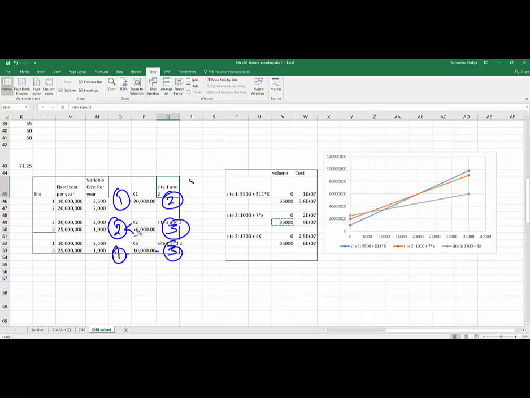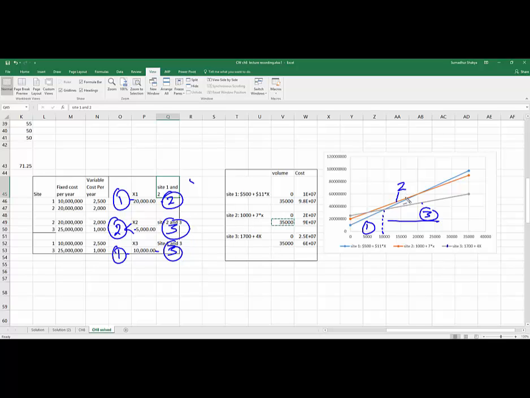All of these combined do not give you an immediate clear picture. But if you plot them using the individual equations for each of the sites, then it is clear that at 10,000, site 1 is better, and beyond this, site 3 is better, because this is represented by the site 3 equation. Site 2 is never better.